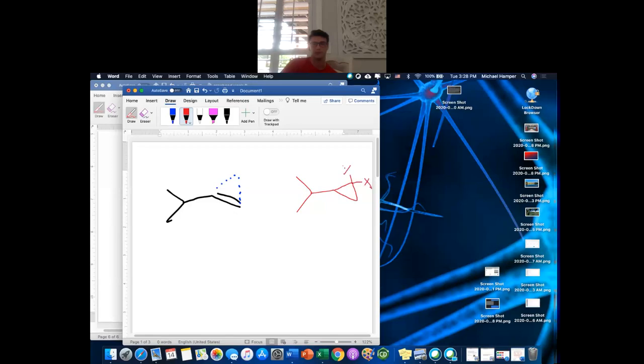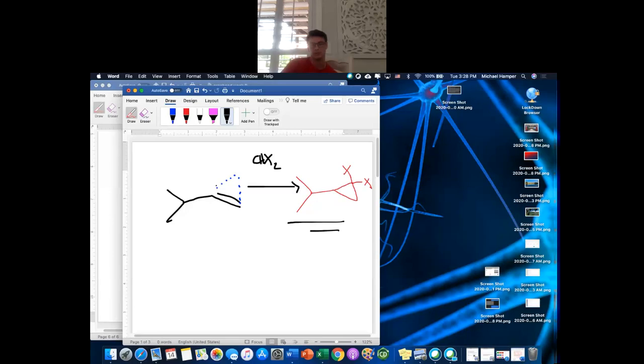Halogen, halogen. A lot of times you're going to see the reagent as CH, let me just say, halogen 2. So CHX2. This is how it's going to form. You're adding your two halogens at the tip of your cyclopropane.